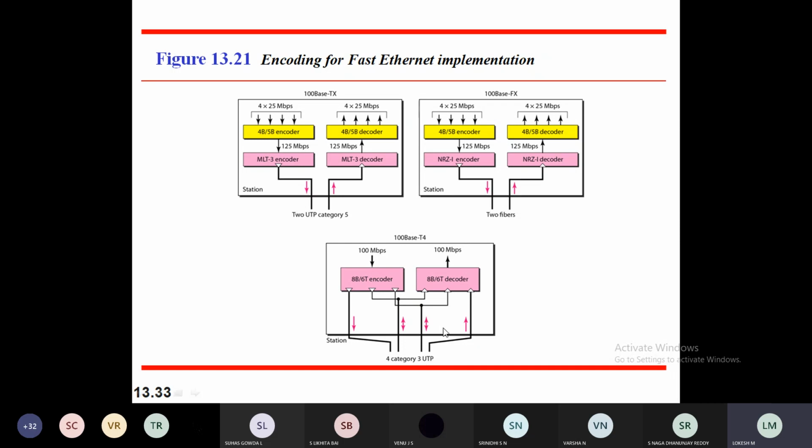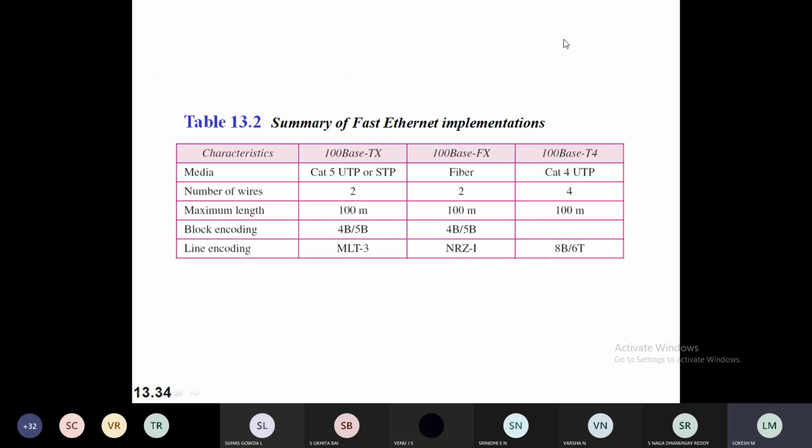Okay, through the 4 categories of 3 UTP channels. Okay, so this is a basic implementation of fast Ethernet, okay, during encoding techniques.